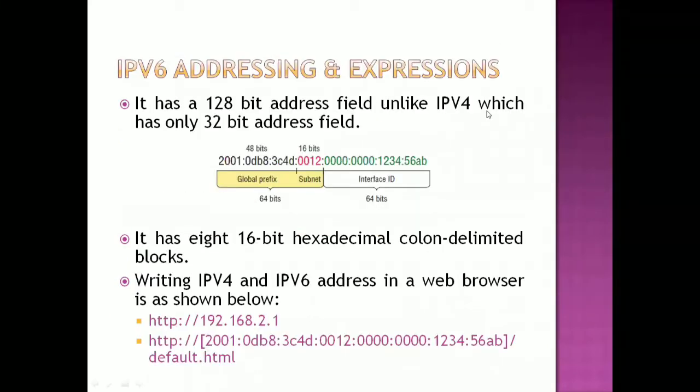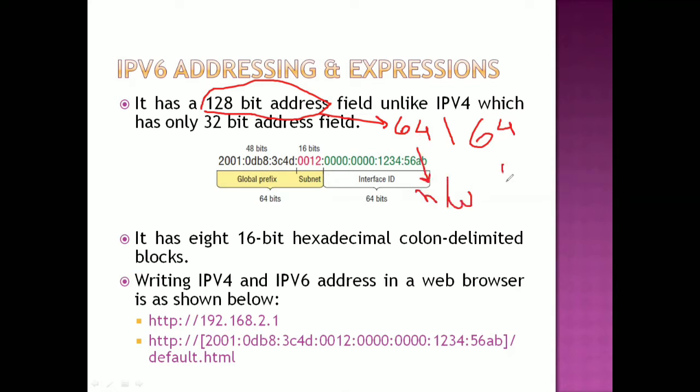So moving further, this is the IP addressing of the IPv6 protocol and its expression. As I have already told you, a 128-bit address field is there, and this 128-bit address field is basically divided into two portions, 64 bits and 64 bits. As you know, in the case of an IPv4 address, we have the network portion and the host portion.